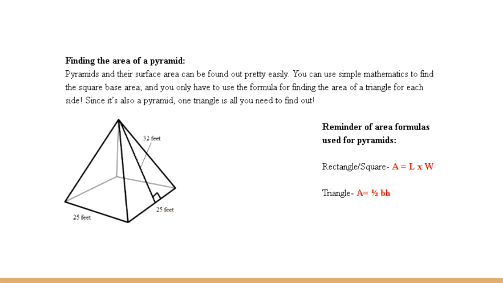Because this is 25 feet, you go 12.5 feet times 32. And that's how you get that. Then, because it is a 3D pyramid with a square base, you also have to take that into account. Basically, take the area of the triangle and multiply it by 4, and then you can get the rest of it.